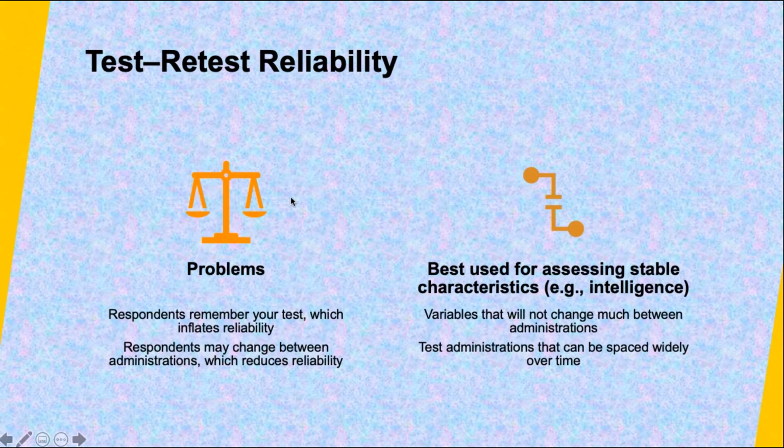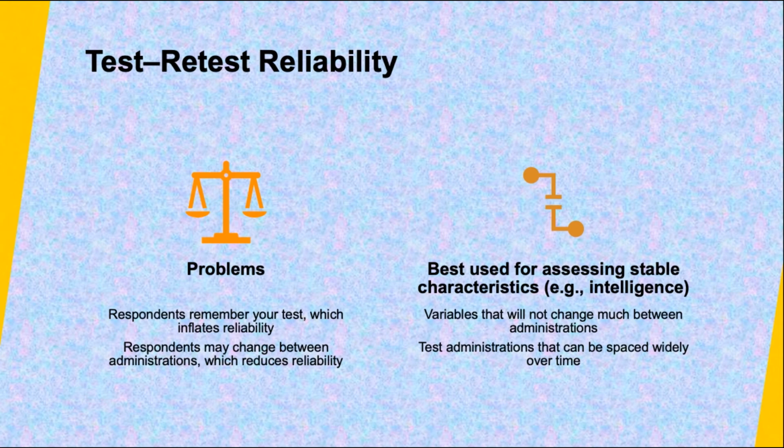Then what are the problems of test-retest reliability? Because you administer the same test twice, any changes in score cannot be due to differences in question wording or the use of non-equivalent items. However, this advantage must be weighed against two disadvantages.